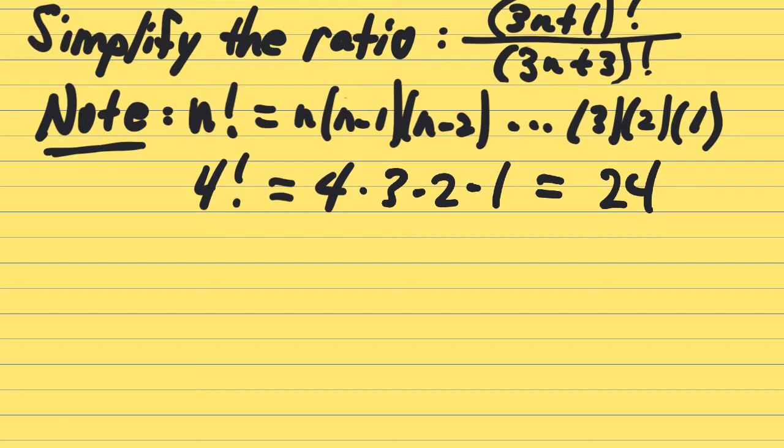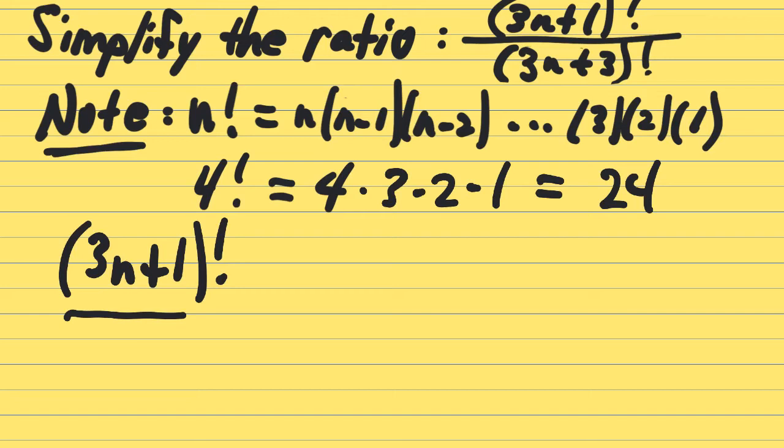Okay, so let's take our factorial ratio and a good strategy is to take the larger one, like in this case our denominator.